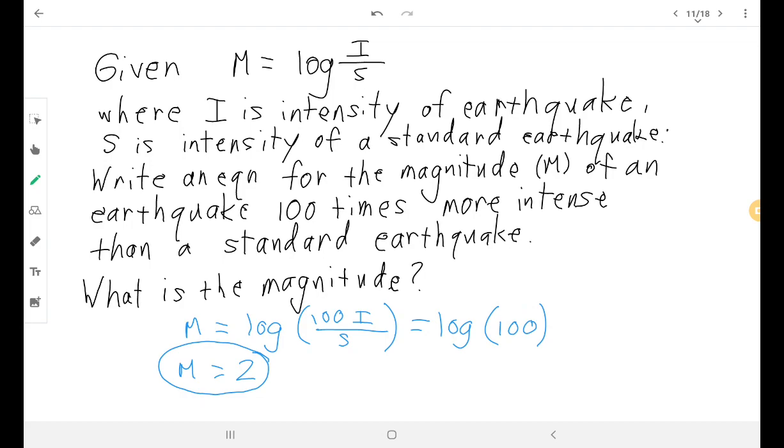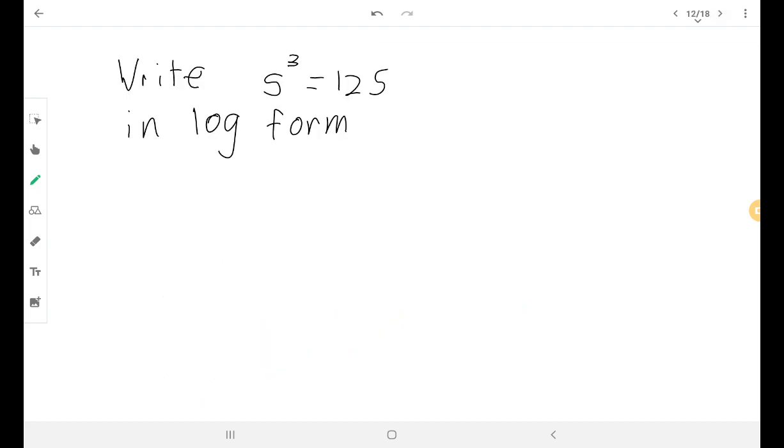And let's look at our next problem. All right, let's rewrite this equation in logarithmic form. So the way that you do that is being able to write logarithmic form and read it carefully, okay?